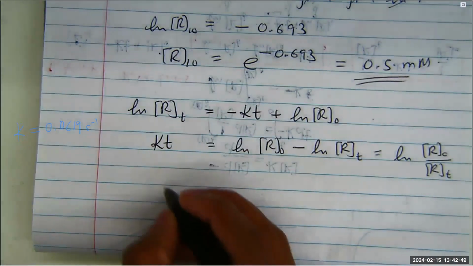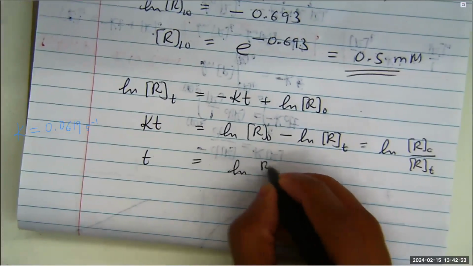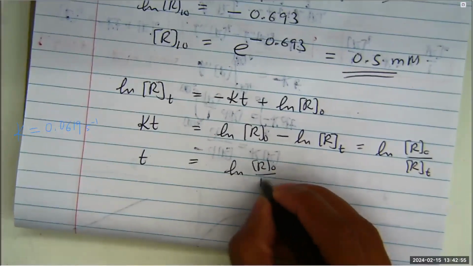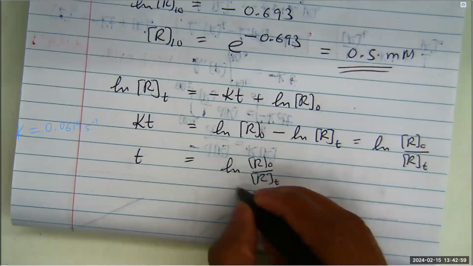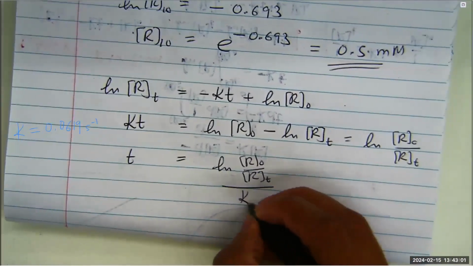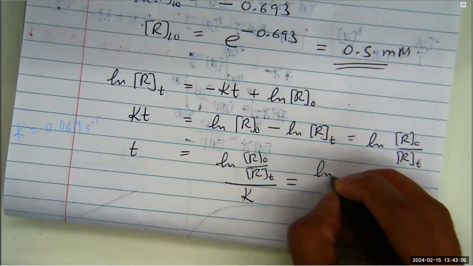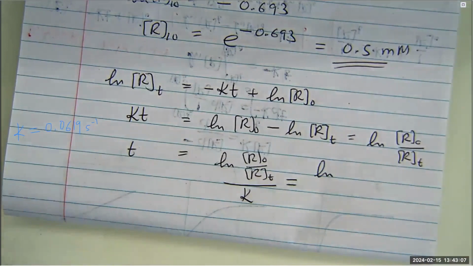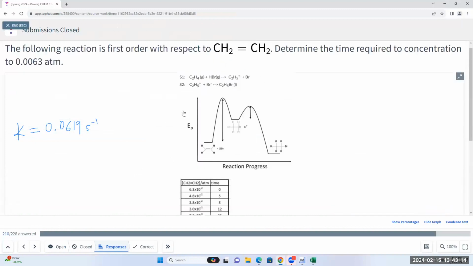Anyway, therefore, t must be equal to ln R naught divided by R at time t, and divide this entire thing by the rate constant. That's it. Okay, and then we plug and chug. Natural log R naught, initial concentration, was, where was it? I'm gonna get that value.